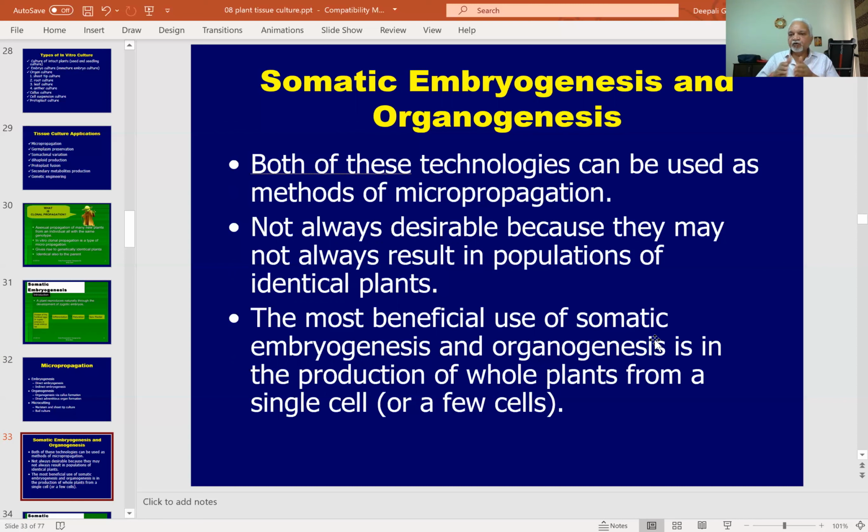So we don't want that to change. The genetic makeup of the original plant should not change.